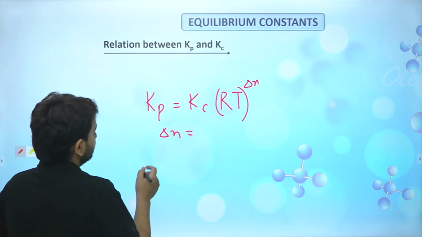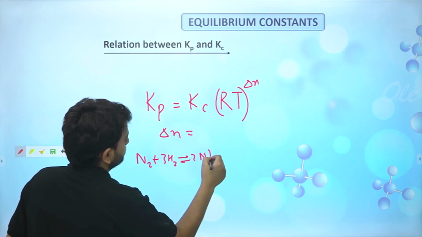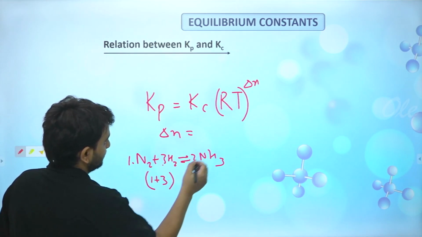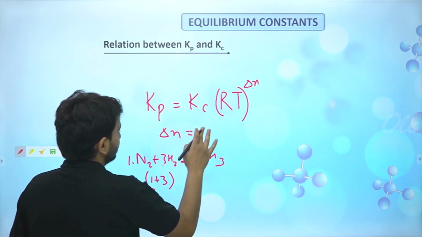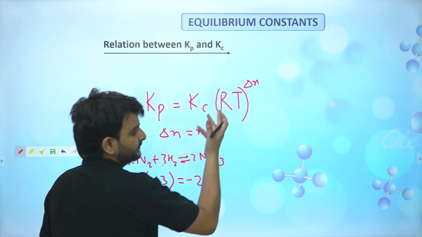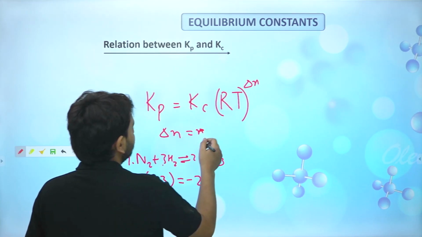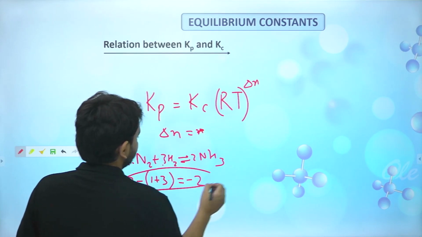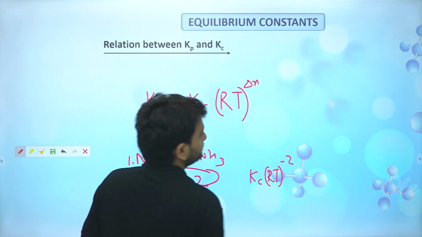This was 1, this was 3, so 1 plus 3, and because delta n is final minus initial, it will be 2 minus this, so it will be minus 2. It makes sense also because the products come in the top. In this case delta n came out to be minus 2, hence we got it equal to Kc RT raised to the power minus 2.